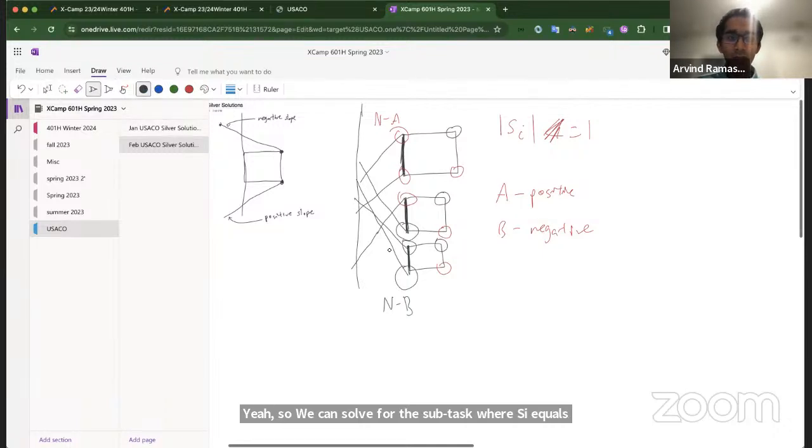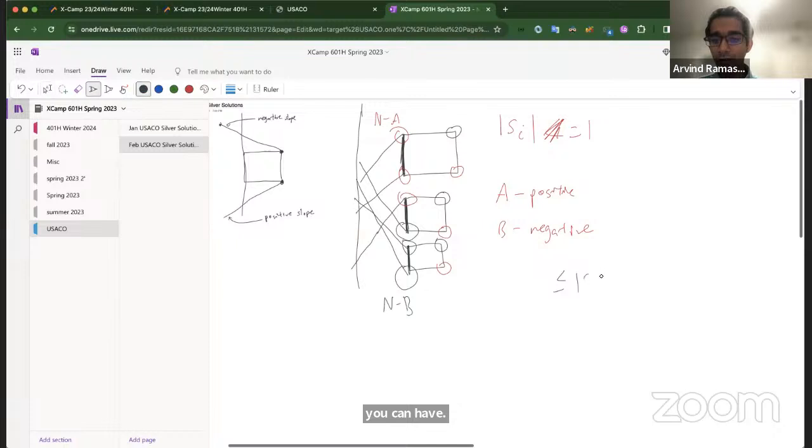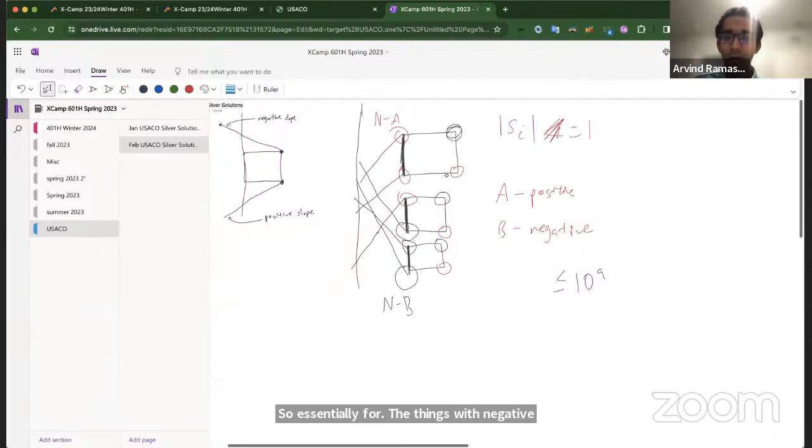Now let's consider the full problem where SI can be up to 10 to the 9. Essentially, for the things with negative slope and the things with positive slope, you have two independent problems.